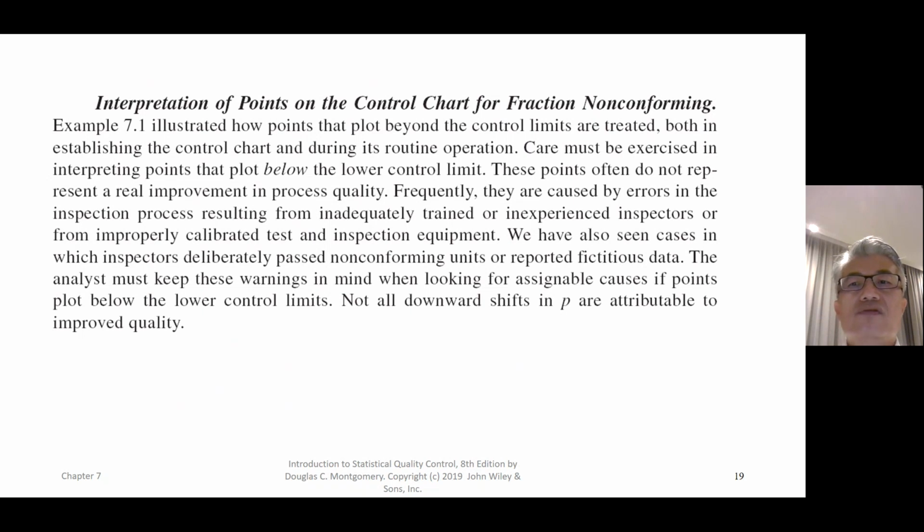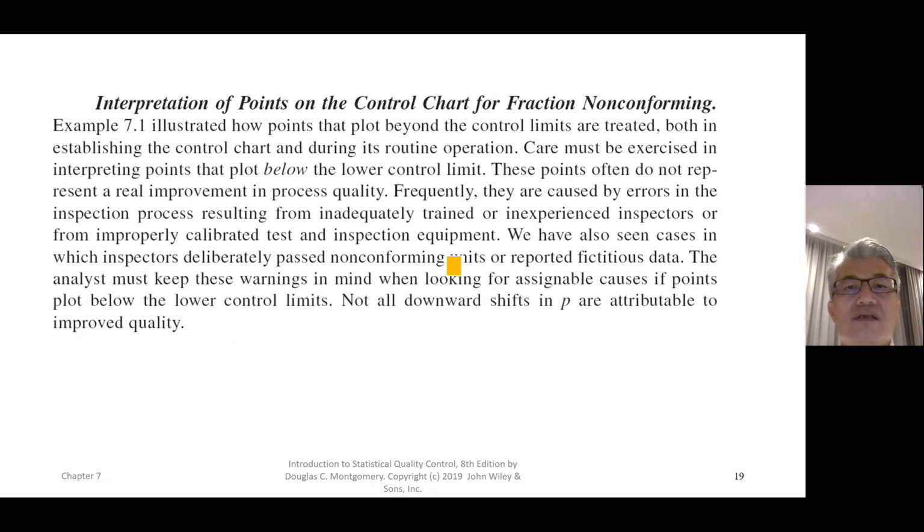We have also seen cases in which the inspector on purpose passes nonconforming units or reports fictitious data. So the analyst must keep this warning in mind when looking for assignable causes if a point plots below the lower control limit. It might be an error, or a mix of two different products.